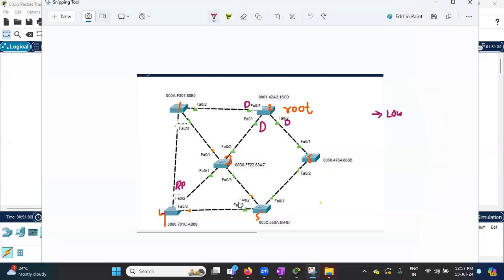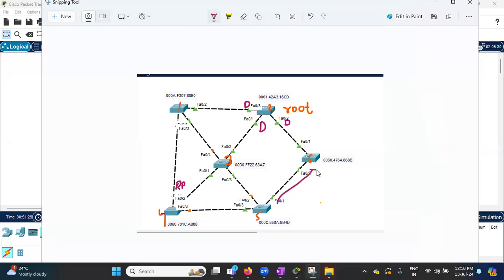Now, Pervez, what will be the root port in switch number 5? I think it would be via switch 6. Okay. So we have two ways.